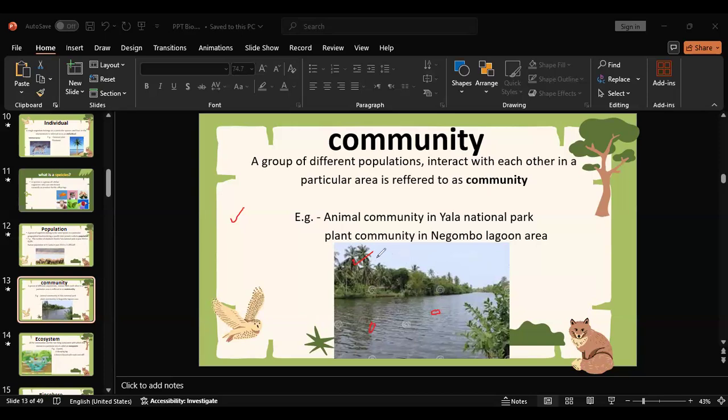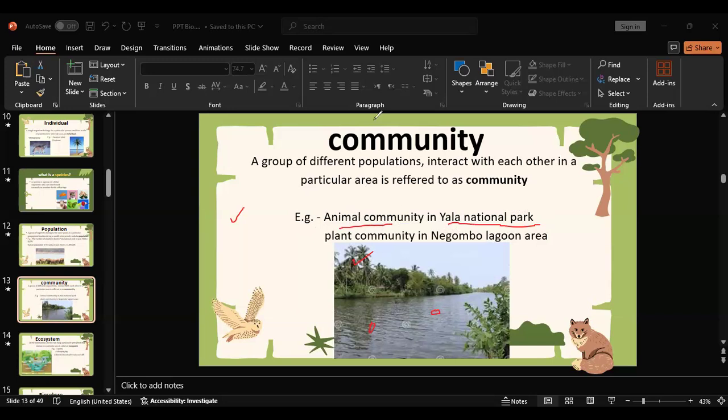First, we have seen what a population is. Then the next level is the community. A community means a group of different populations, and all the populations interact with each other in a particular area. That is referred to as a community. You may take this example: the animal community in Yala National Park. This is the particular area, and we are talking about the animal community.